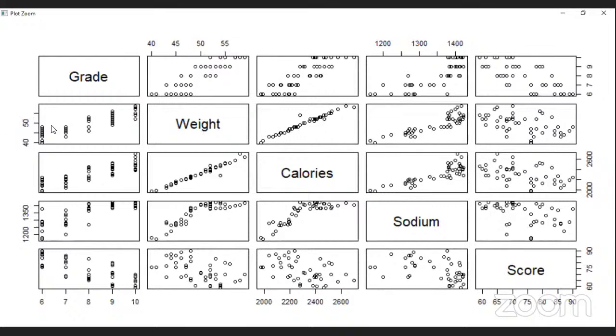It is symmetric, right? This portion and this portion are the same, a triangular matrix. So this is my score data. The score is actually your dependent variable, and based on that, one can obtain grade, weight, etc. So this is one way to identify the dependent variable.